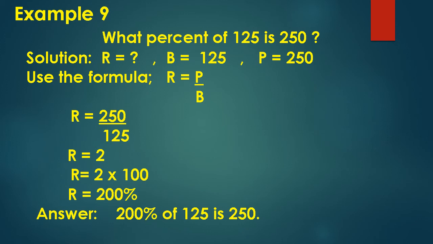So 250 divided by 125, the answer is 2. So R is equal to 2, then we are going to multiply it by 100 to change to percent. So R is equal to 200%. So the answer is 200% of 125 is 250.